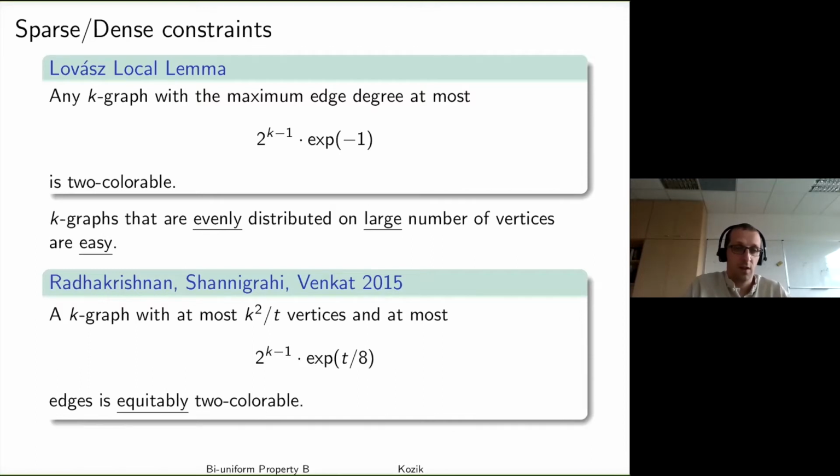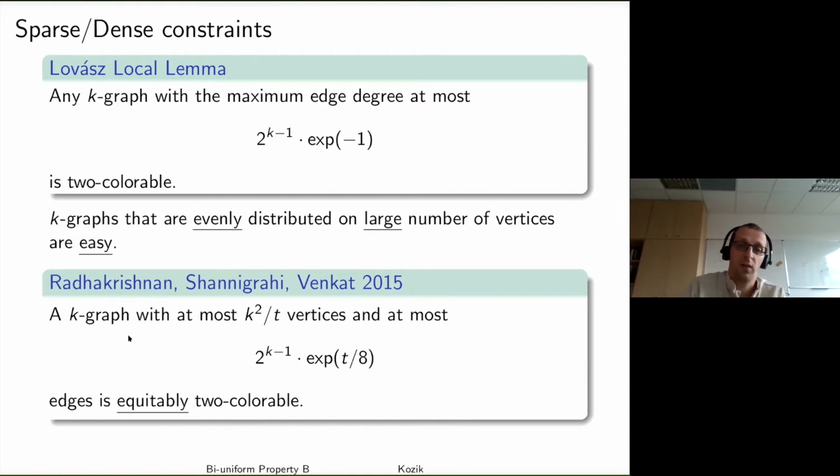On the other hand, Radhakrishnan, Srinivasan, and Venkat observed very interesting behavior: when the number of vertices is too small, like k square over t, when compared to the size of edges, to k, then again this hypergraph becomes easy. To see that, let's take t like 8 times log k.